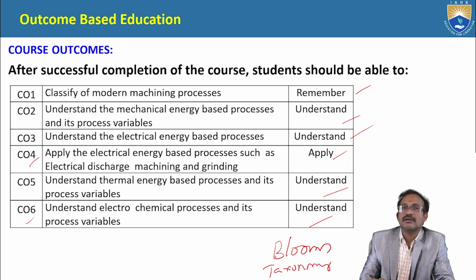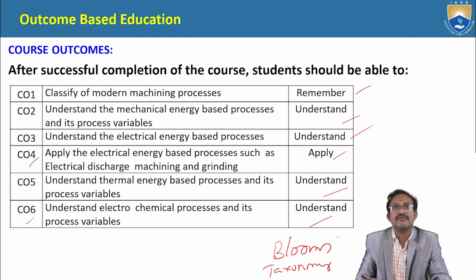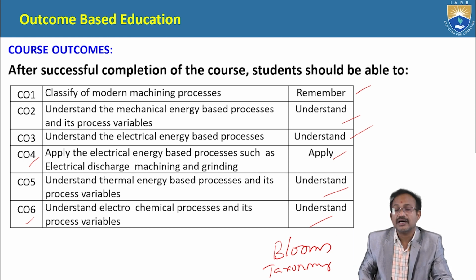Benjamin Bloom derived these taxonomy levels: remember, understand, apply. These are the lower order levels. However, we can see the higher order levels: analysis, evaluation and create. We will discuss all these things later.